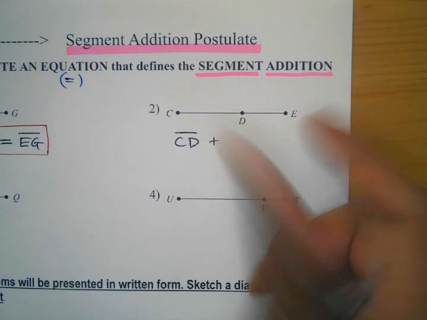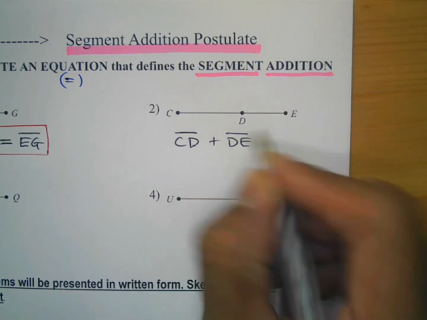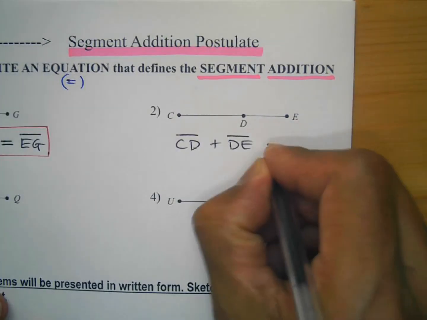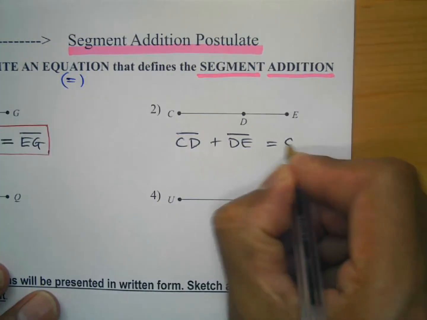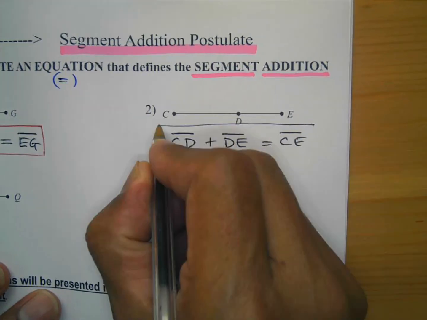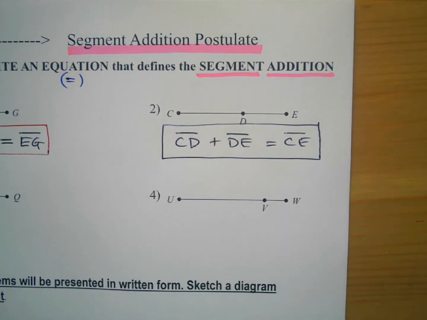And if you add what to it? DE. This piece plus this piece is what? Equal to what? CE. Segment CE. And that is very simple, right?